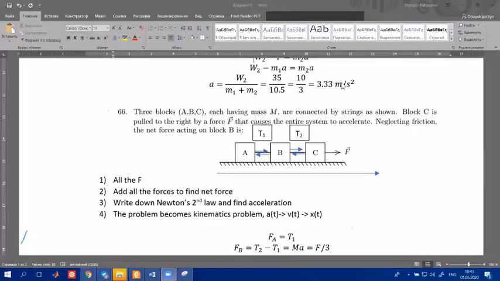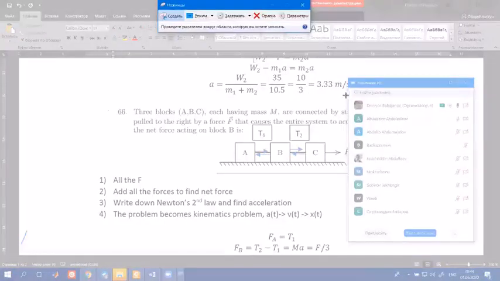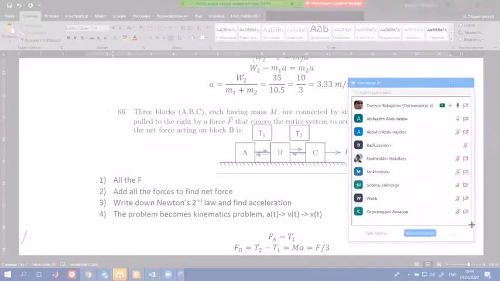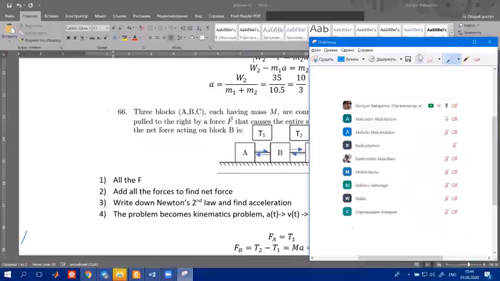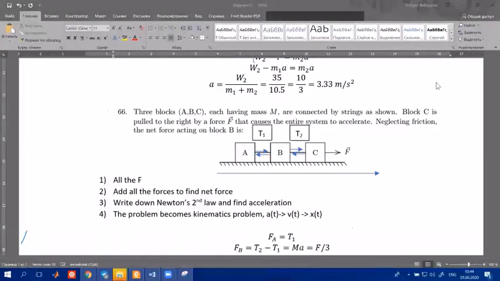Maybe we continue dynamics with using friction forces. Continue solving problems like from this file, and next time, if you have some questions, please ask.